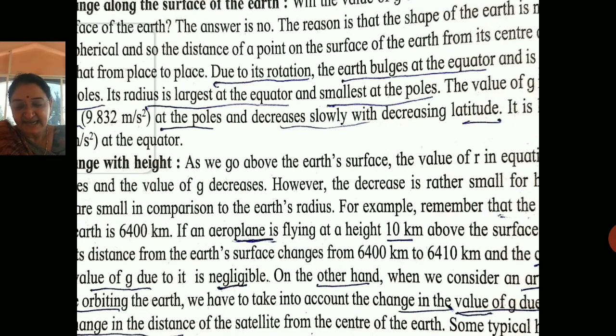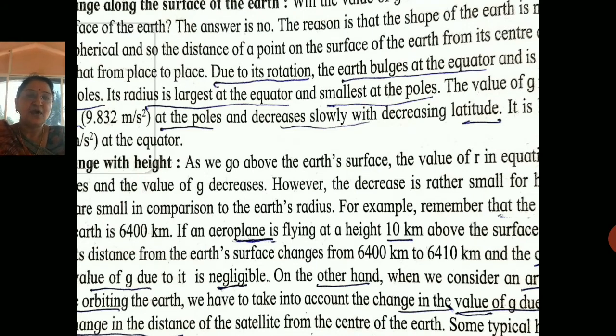As the radius increases, the value of g decreases, and so the value of g is highest at the poles, because at the pole its radius is smallest, and so the highest value of gravitational acceleration is 9.832 meter per second square at the poles, and it is lowest at the equator, and that value is 9.78 meter per second square.